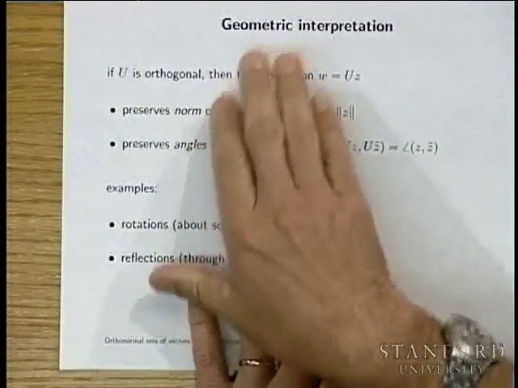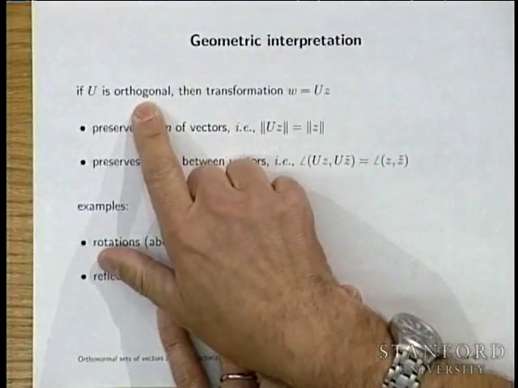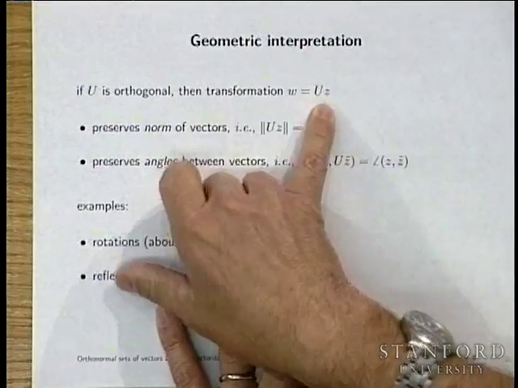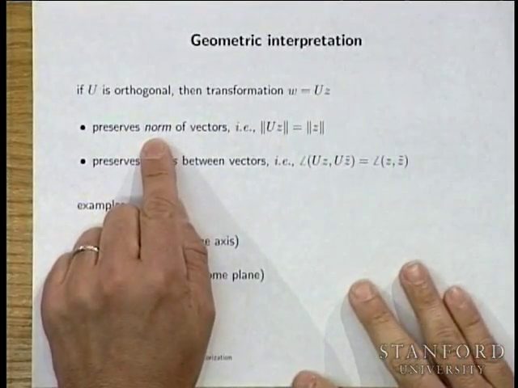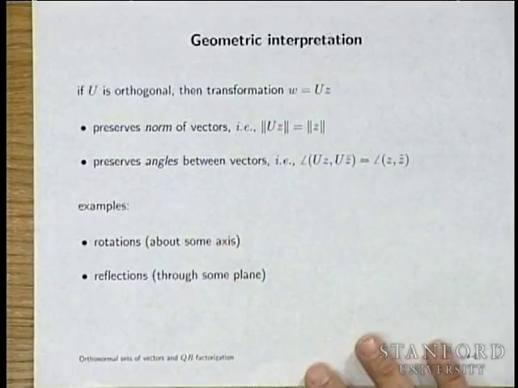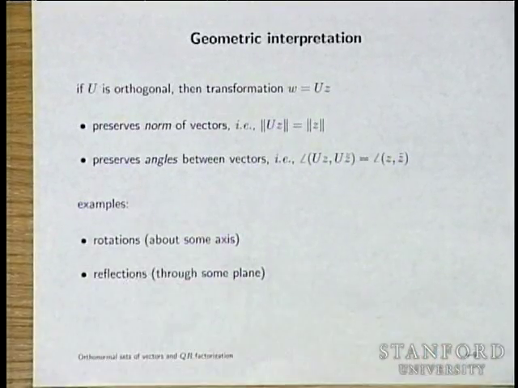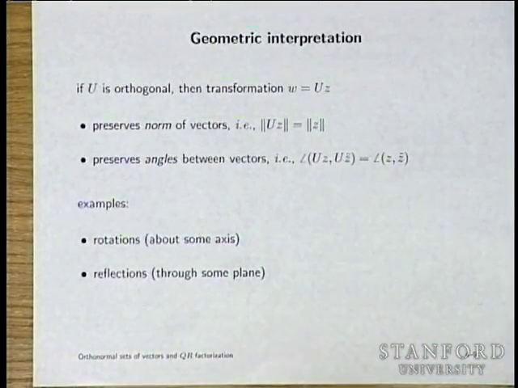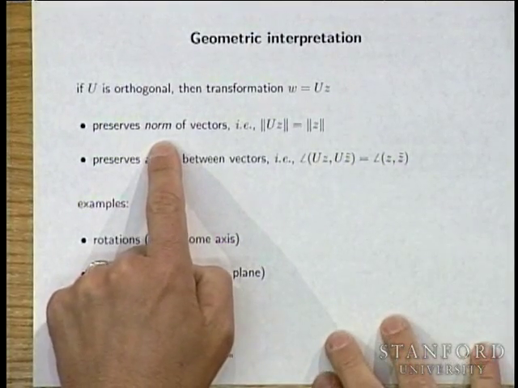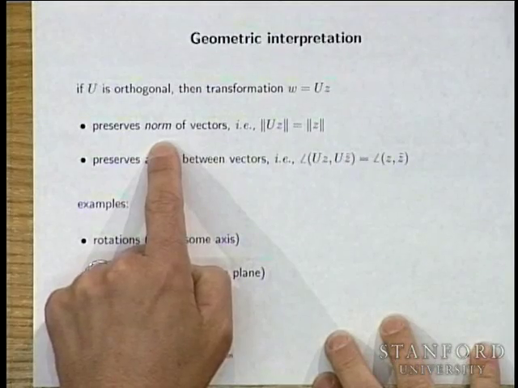Okay, let's take a look at the geometric interpretation. If you have an orthogonal transformation, when you multiply by an orthogonal matrix, it preserves the norm of vectors. So we already know that. It preserves angles. An example would be this: if you fix an axis somewhere and then rotate 22 degrees, that's a linear operation, and it's given by multiplication by an orthogonal matrix.